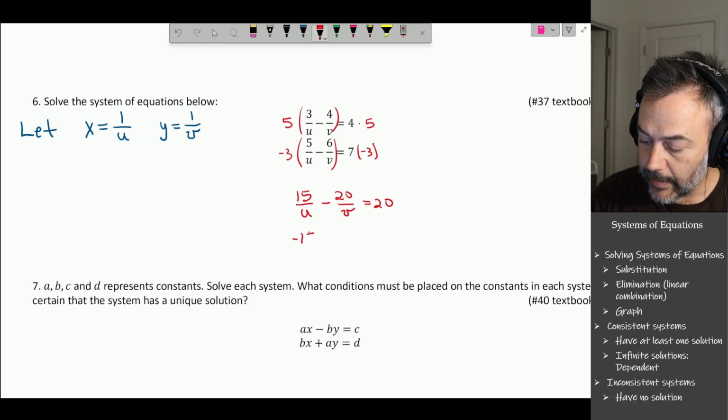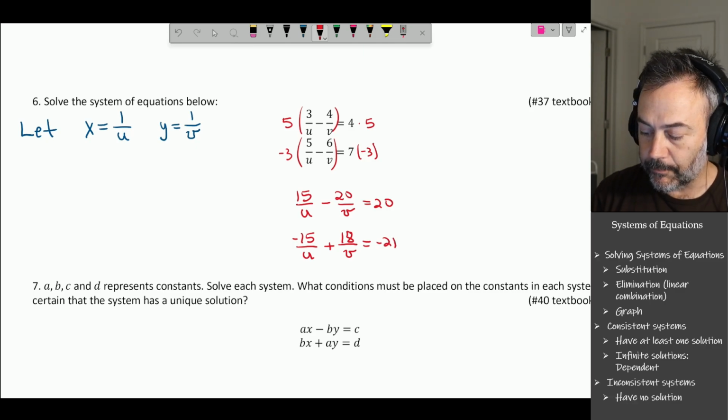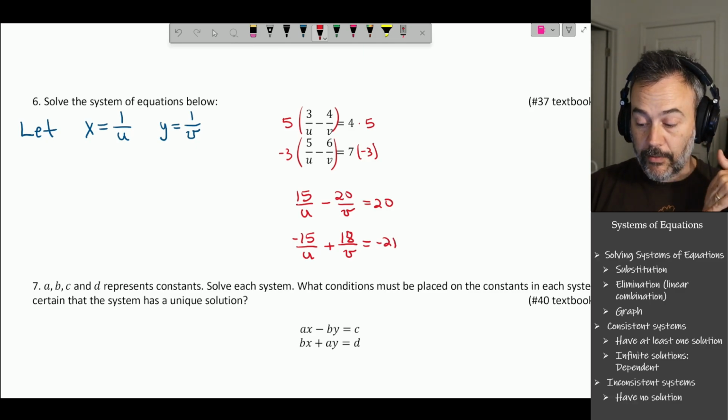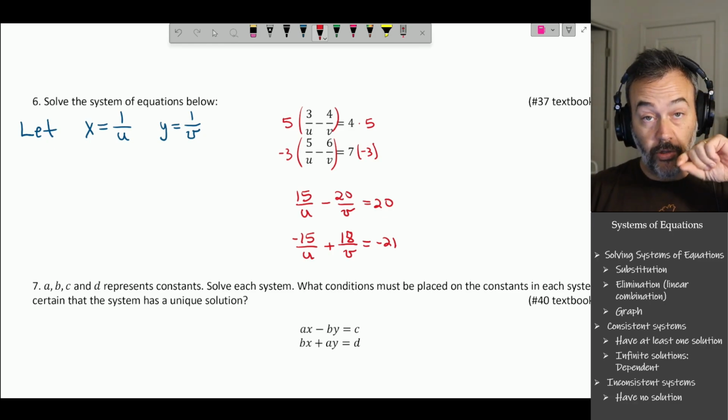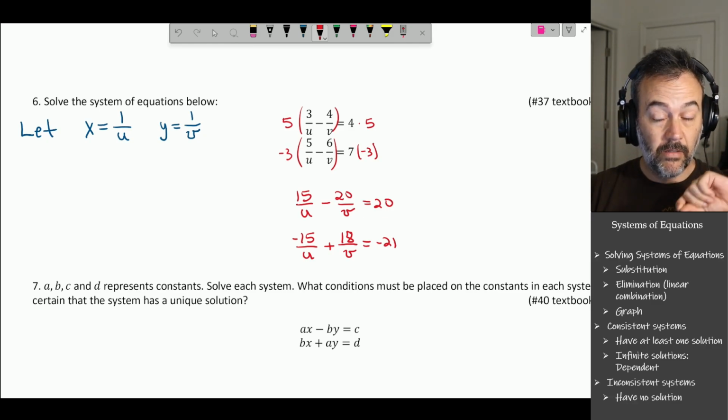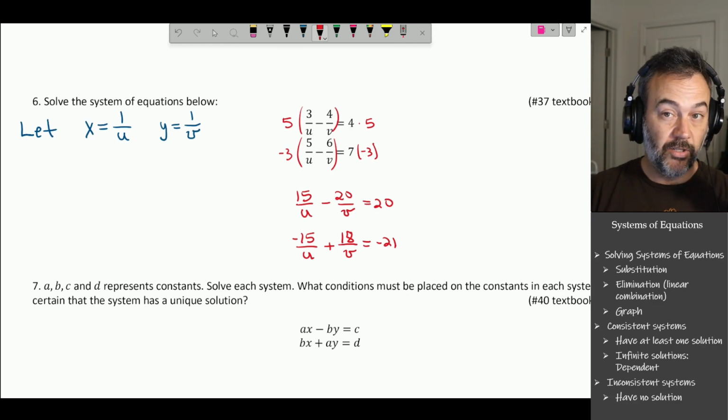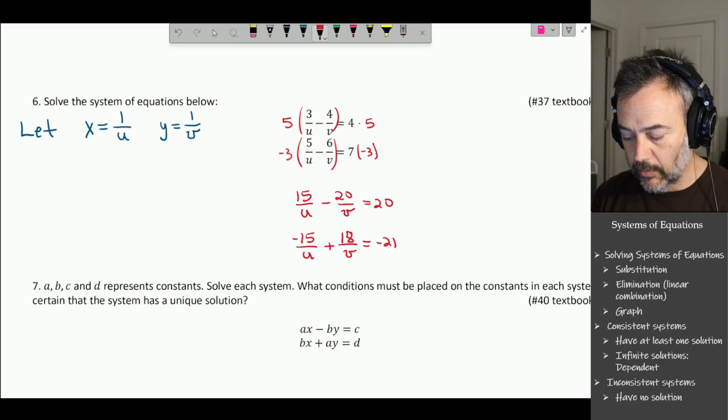And I'd get -15 over u plus 18 over v equals -21. Can you see now if I add those equations, the terms with u will cancel out. I'll only be left with terms with v. So I'll only have the v variable. I can solve for v, substitute it back in for u, and you're all done.